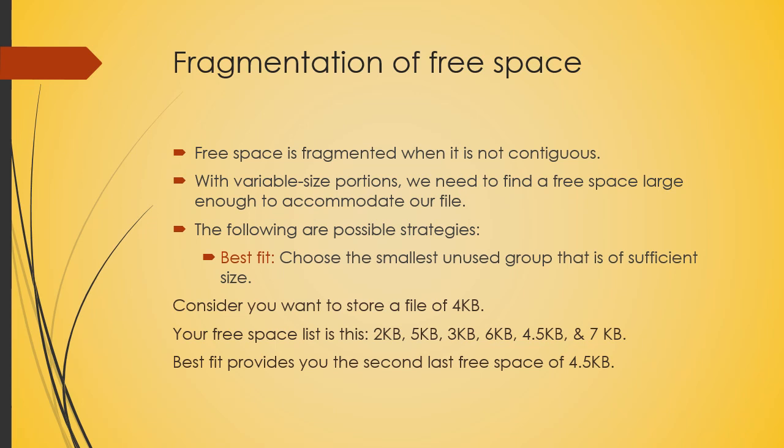The file will be allocated 4 KB and 0.5 KB will be returned to the free space list. The free space list after allocation is 2 KB, 5 KB, 3 KB, 6 KB, 0.5 KB and 7 KB. Again, each successive allocation creates smaller free spaces which are more difficult to reallocate. Also, you have to scan the whole free space list.